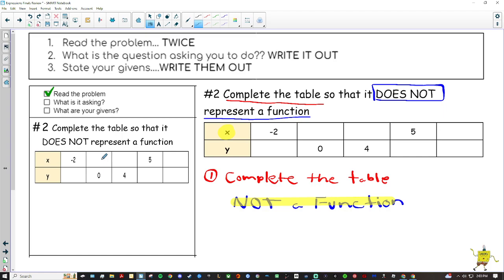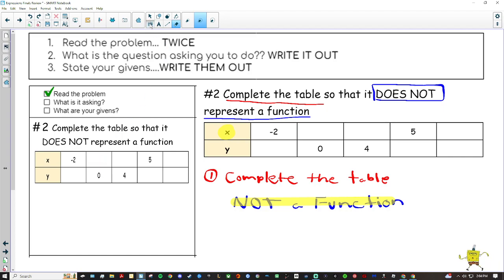Okay, so maybe you had -2 show up twice. If you have -2 show up twice, it's already not a function. Maybe you had 5 show up twice. If 5 shows up twice, not a function.